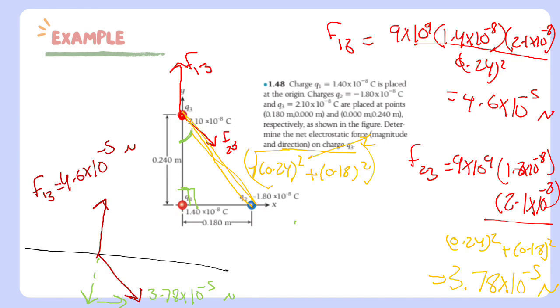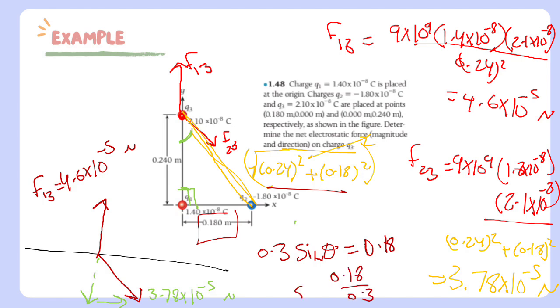Using Pythagoras the hypotenuse is 0.3, and 0.3 sine theta would give me 0.18, which is this. So I do 0.18 divided by 0.3, sine inverse. That will give me a value of 36.9, so this is 36.9 theta, and it's easy.